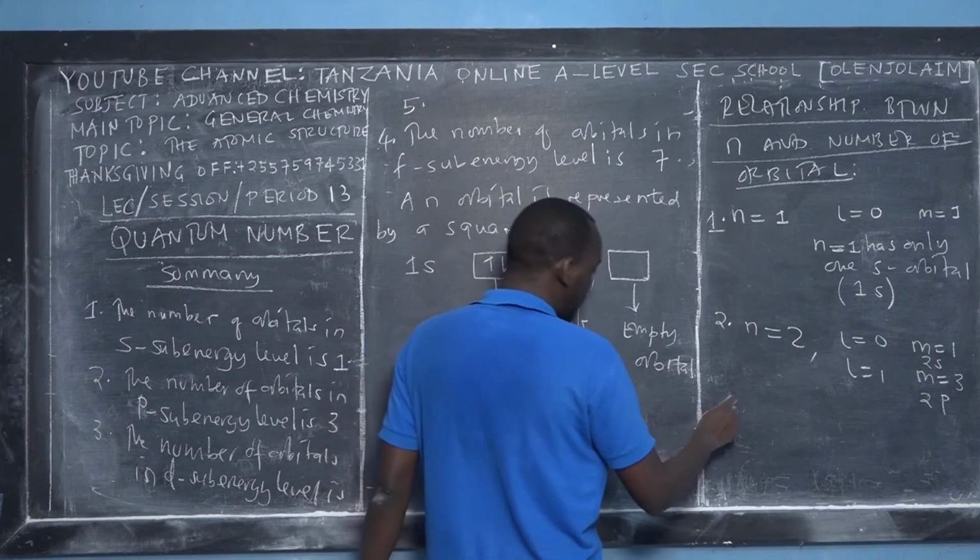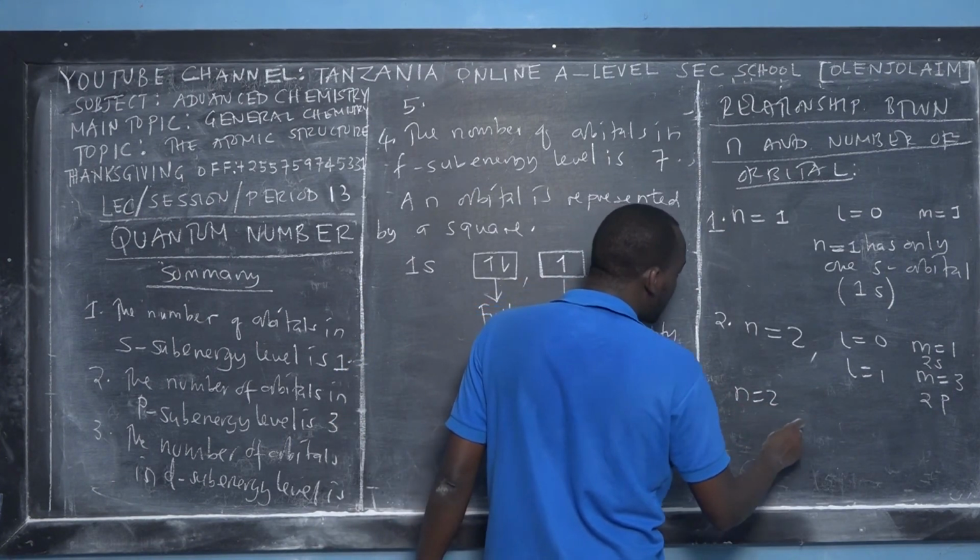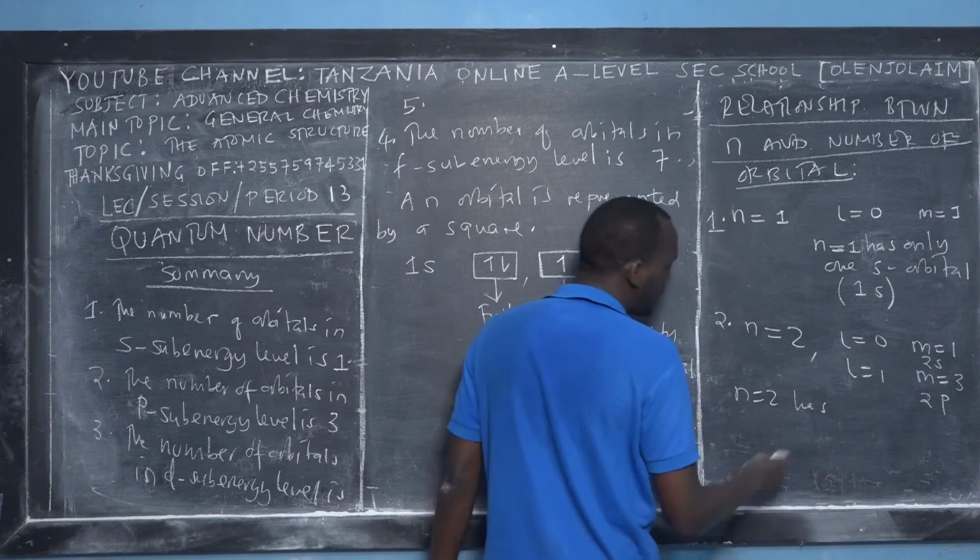So it means that the principal quantum number n is equal to 2 has how many orbitals for that case?